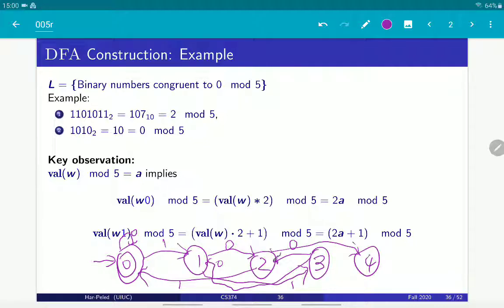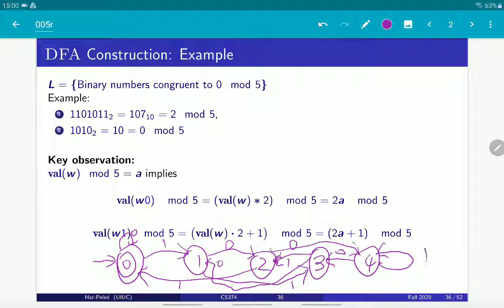Now if I'm at 4 and I get 0, I multiply by 2, it's 8. 8 modulo 5 is 3. So I go to 3. And if I get 1, then the modulo is 8, plus 1 is 9, 9 modulo 5 is 4, so I stay where I am.